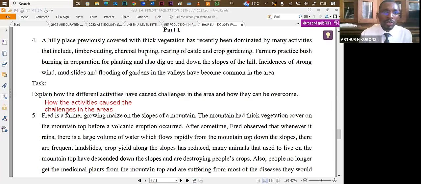But however, when you read, you find the first activity of timber cutting. So there's an activity of timber cutting, this one here. Let me highlight it.